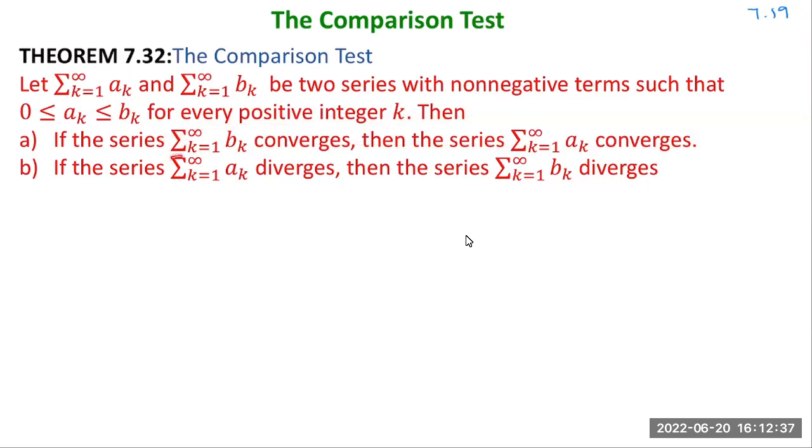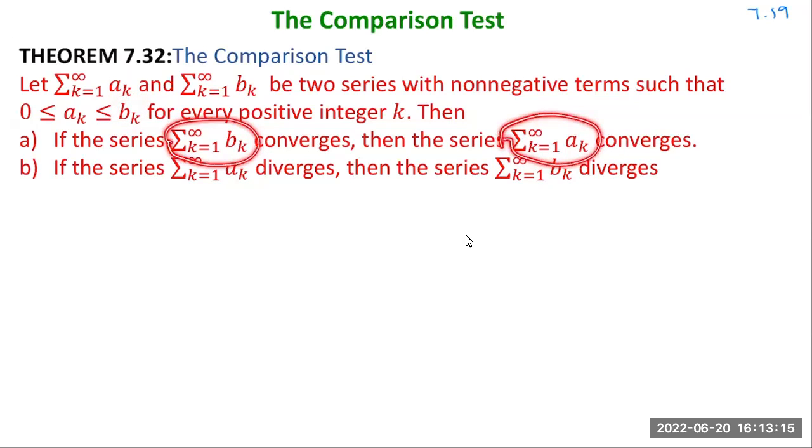What does it say again? If the sum from k = 1 to infinity of b_k converges, then the sum of a_k converges. Notice here, your a_k is less than or equal to b_k. So this summation of b_k should be bigger than the summation of a_k, right? Because b_k is bigger than or equal to a_k for all k, this should be a bigger sum than this one.